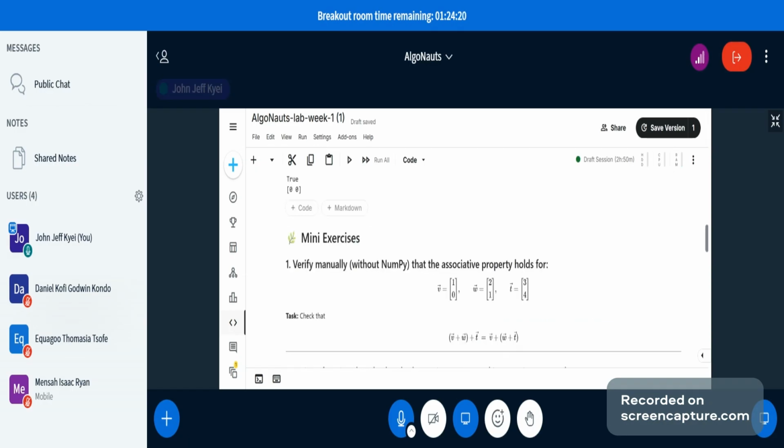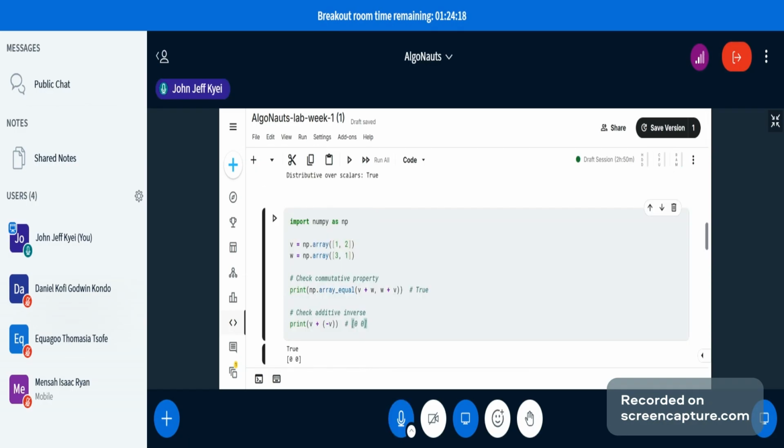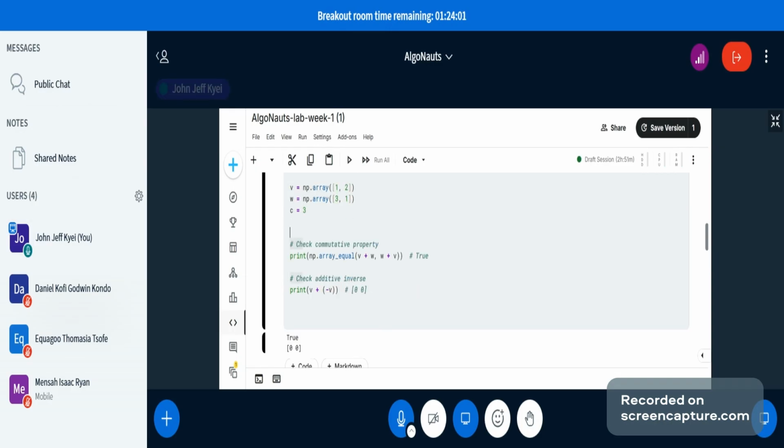Okay. So let me explain with NumPy. Let me create a scalar C to be perhaps two, right? Sorry, three is fine too.